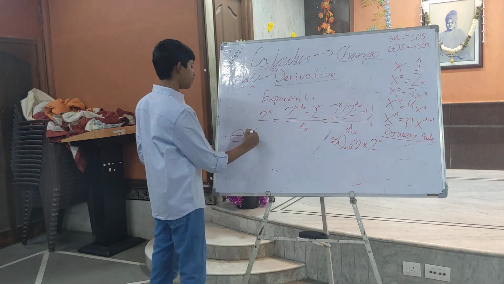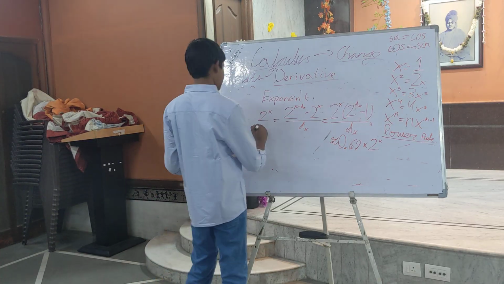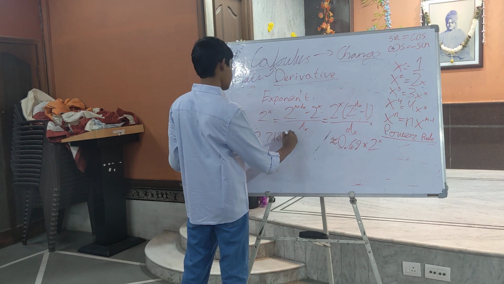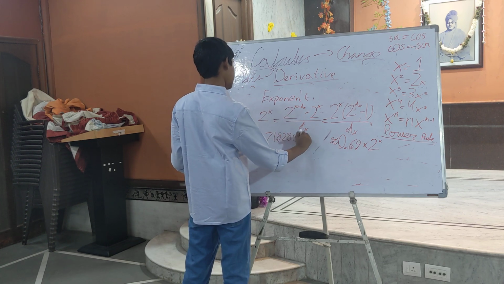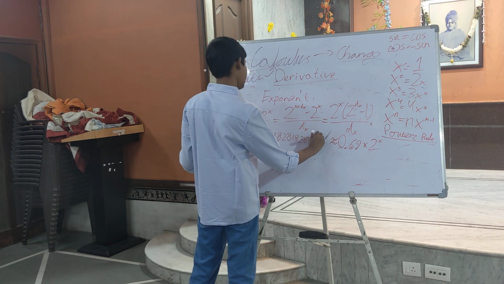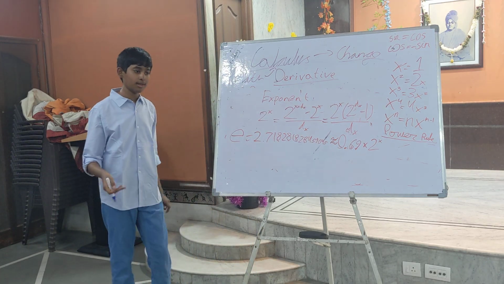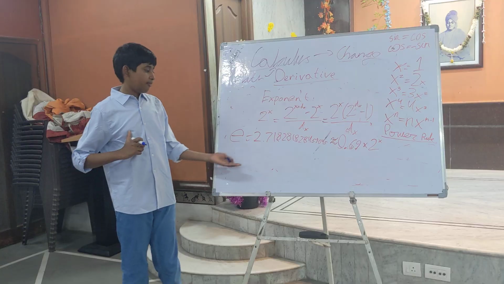And e is not some normal number. It is 2.7182818459045. This is what I memorized, but you don't need to.